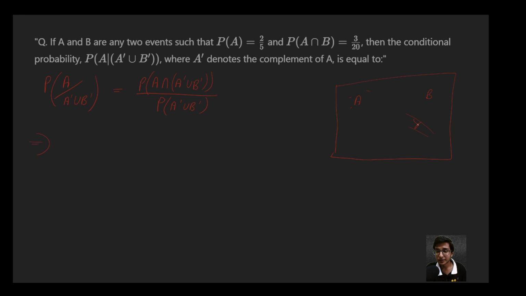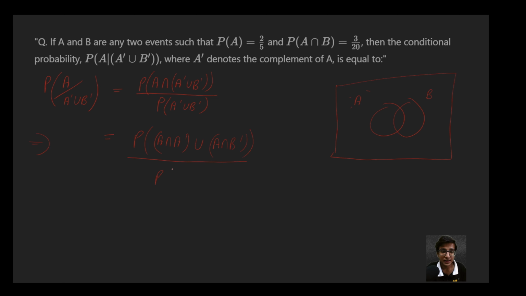Now let us try to convert this into a simpler form. I hope you all remember in sets we had studied that if A intersection anything inside the bracket is given, we can write this down as A intersection A complement union A intersection B complement.